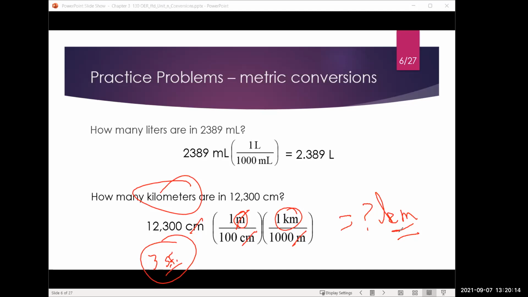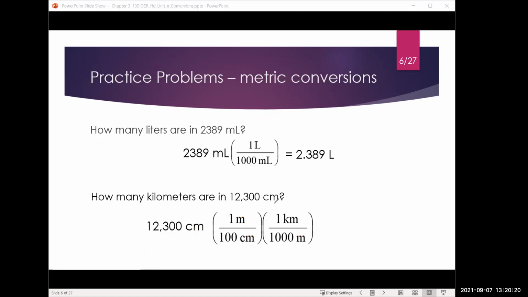Now if you see this, there's no problem with combining these two conversion factors into one, because notice, meters cancel out.